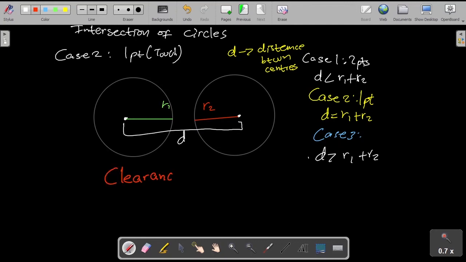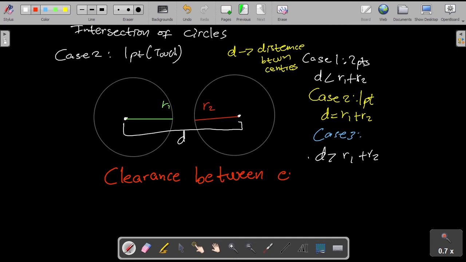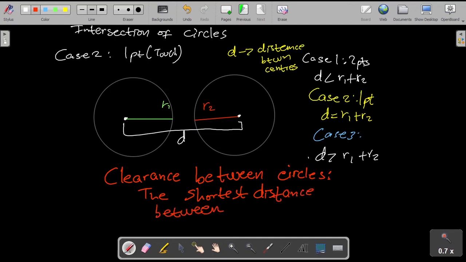Clearance between circles, this is a C. We're talking about the shortest distance between the circles.